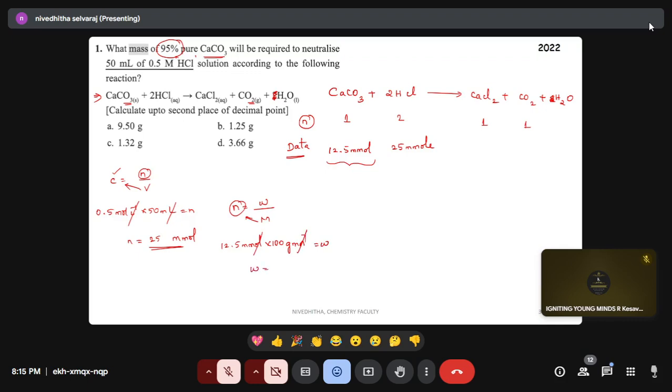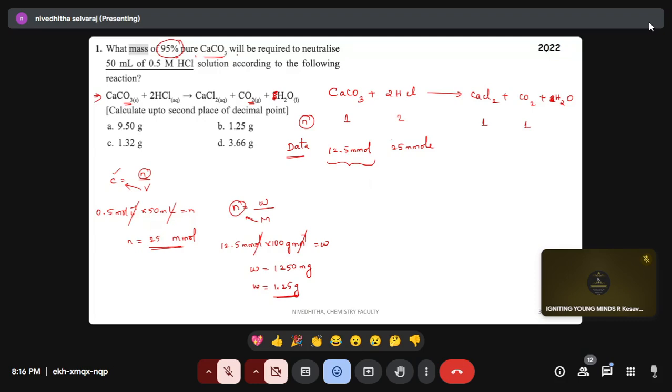How many milligrams? 1250 milligram, or 1.25 gram, right? So if my calcium carbonate was 100% pure, then I need 1.25 gram of calcium carbonate.